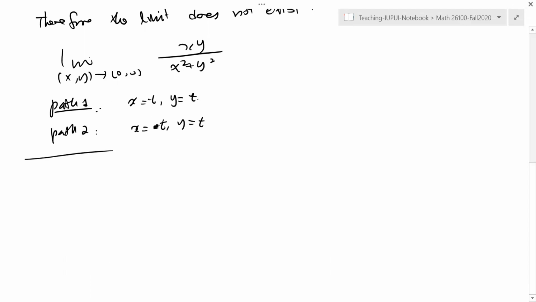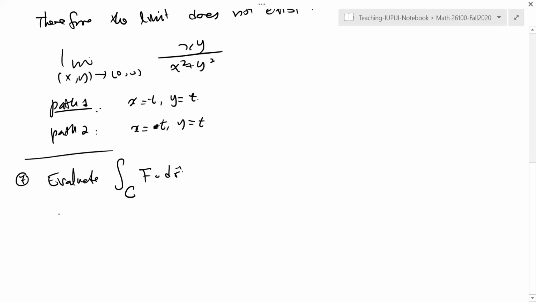So our next problem uses Stokes theorem to evaluate this line integral.